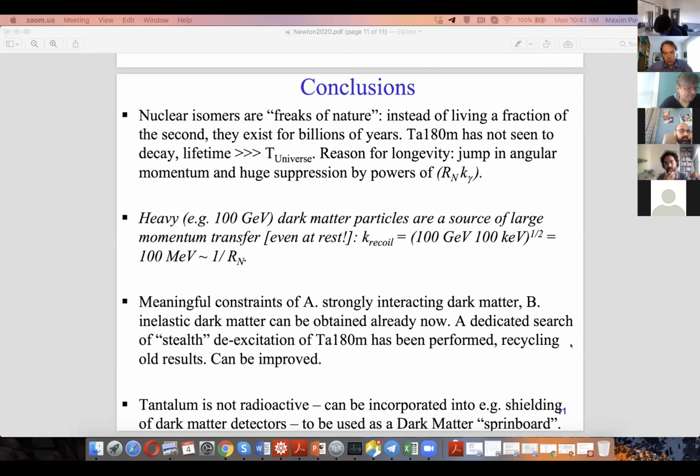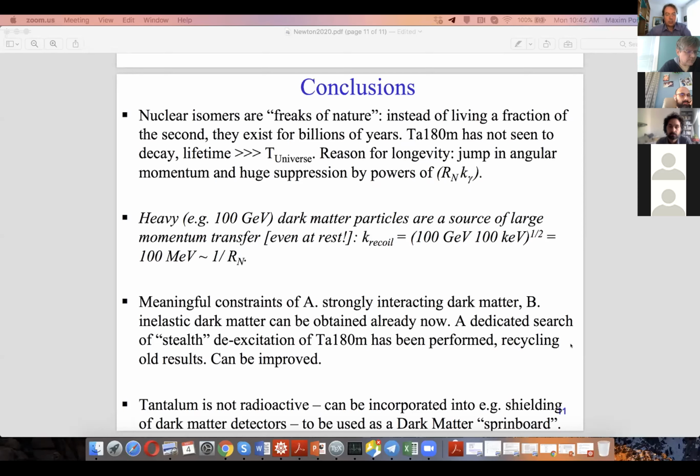Okay. All right, so other questions? So I probably missed it, but what is your estimate for the cross section? Just QCD? There are two cross sections for the strongly interacting thing.